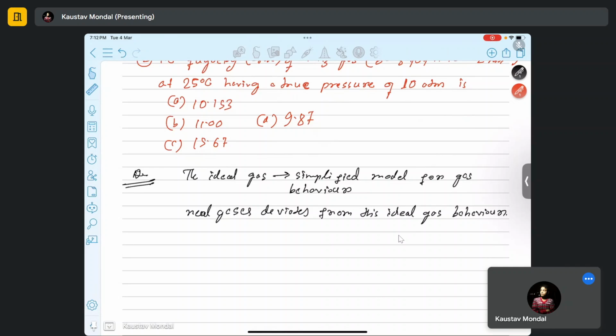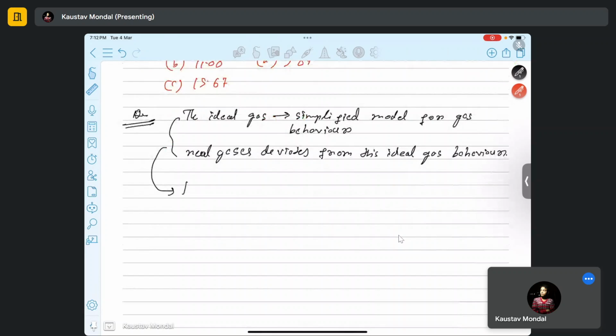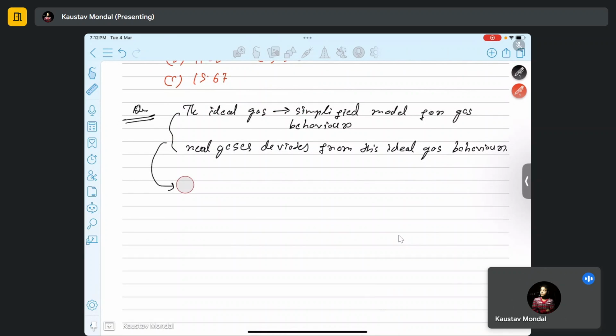So by considering these facts, you can call fugacity an effective pressure.